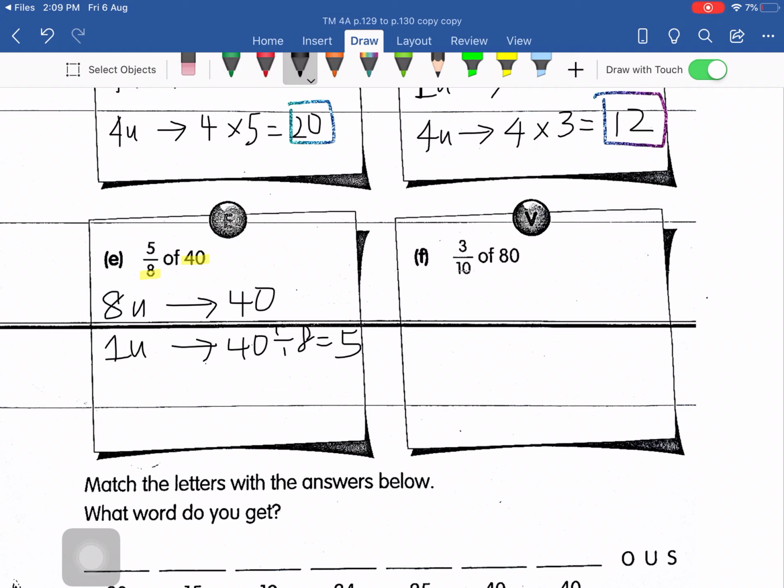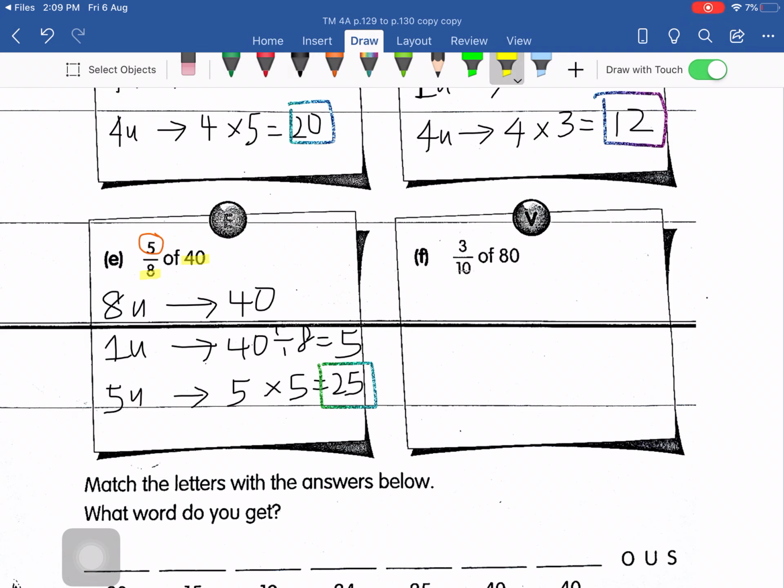We found that each group is 5. So looking at the question, 5/8 represents 5 units, or 5 groups. Since there are 5 groups of 5, it means that 5/8 of 40 is 25.